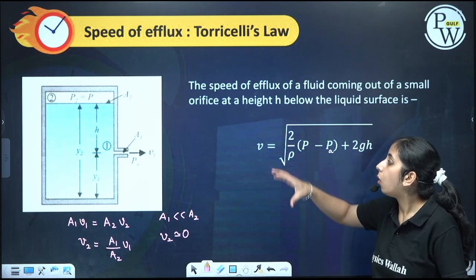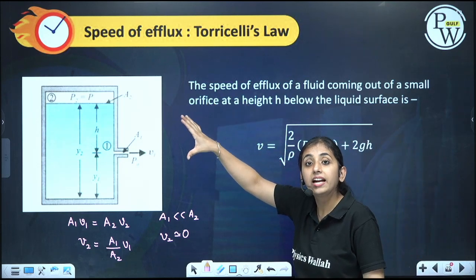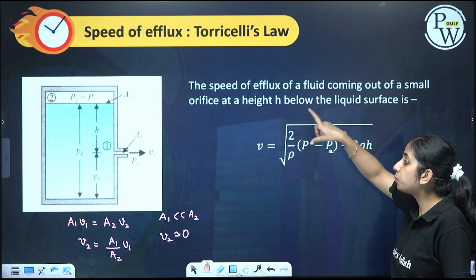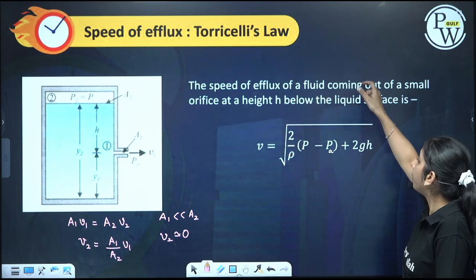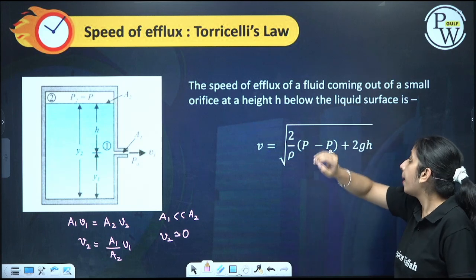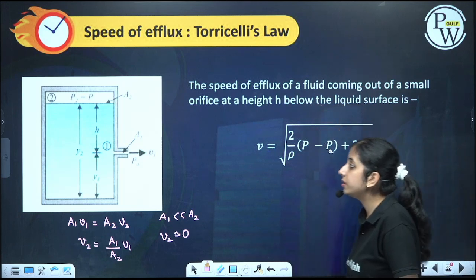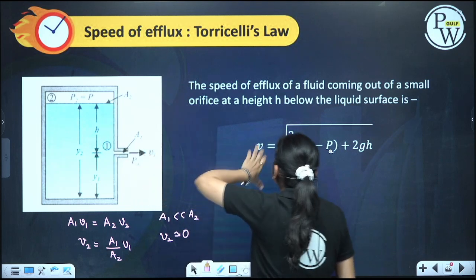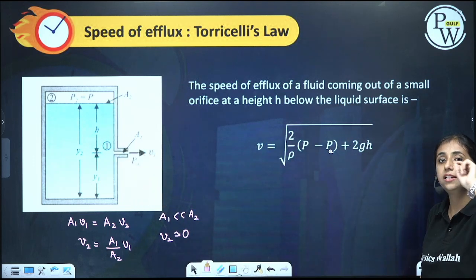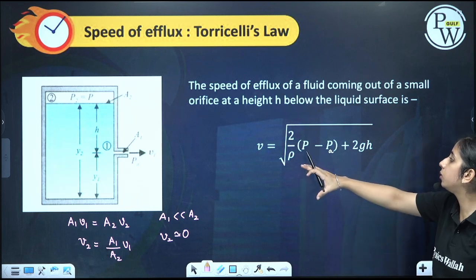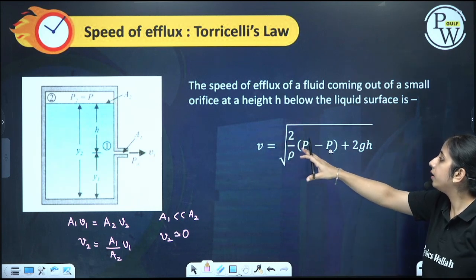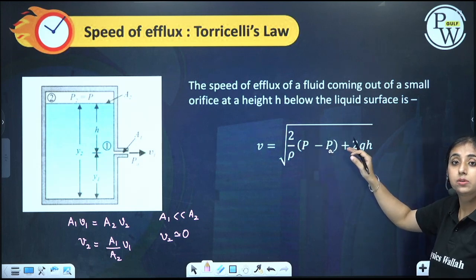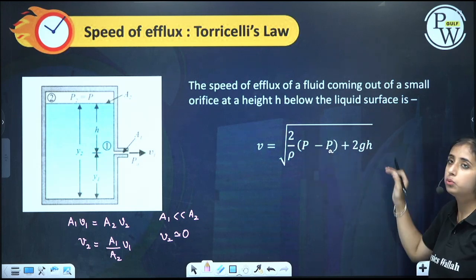If an orifice is present at a height h below the surface of the liquid, the speed of efflux of fluid coming out of the small orifice will be V equal to under root of 2 by rho into P minus P atmospheric, plus 2gh.